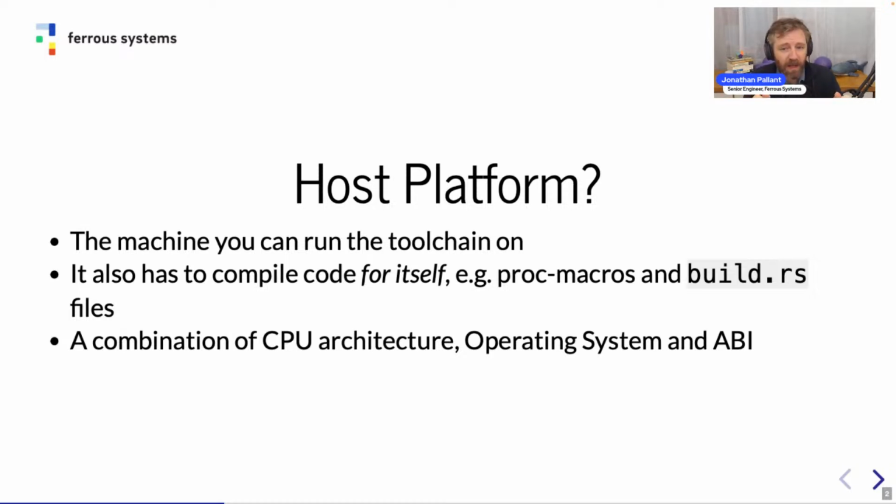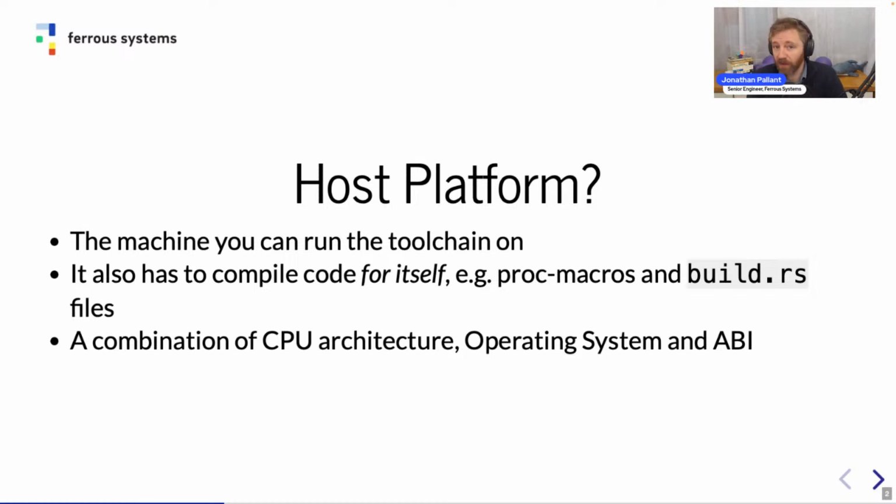And when we talk about a host platform, we are going to be talking about a combination of CPU architecture, the operating system, and the ABI, the application binary interface, the set of rules that a binary must follow on a given platform about when you call a function, this is where the arguments go in these registers or in that place on the stack, and here's where the return value goes, and all these kinds of rules.